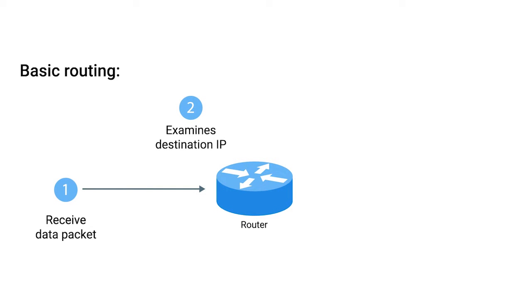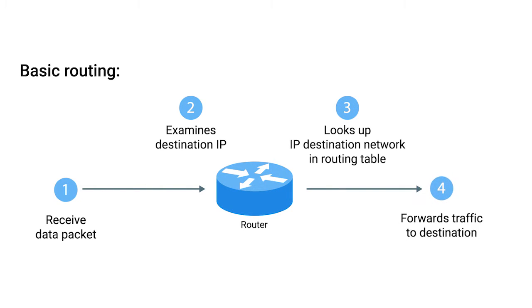The router examines the destination IP of this packet. 3. The router then looks up the destination network of this IP in its routing table. 4. The router forwards that out through the interface that's closest to the remote network, as determined by additional info within the routing table. These steps are repeated as often as needed until the traffic reaches its destination.